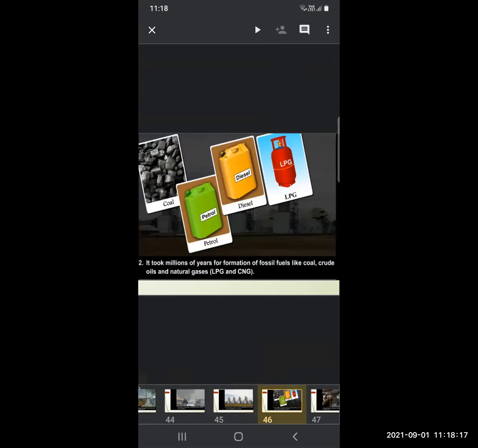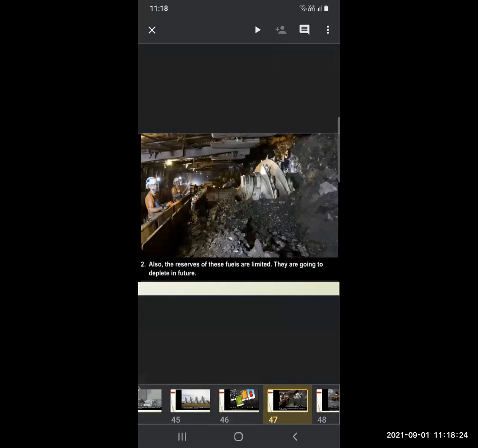These are the fossil fuels. Also, the reserves of these fuels are limited. They are going to deplete in future.